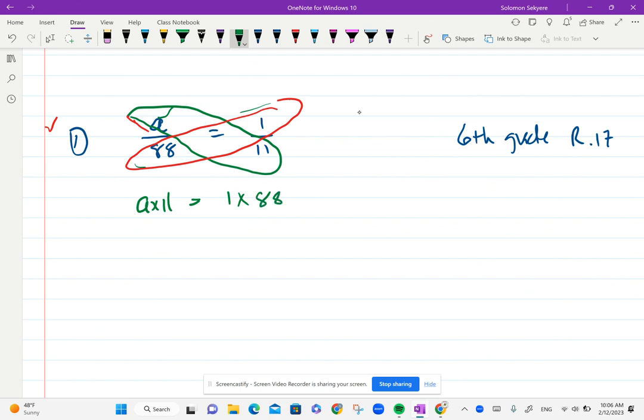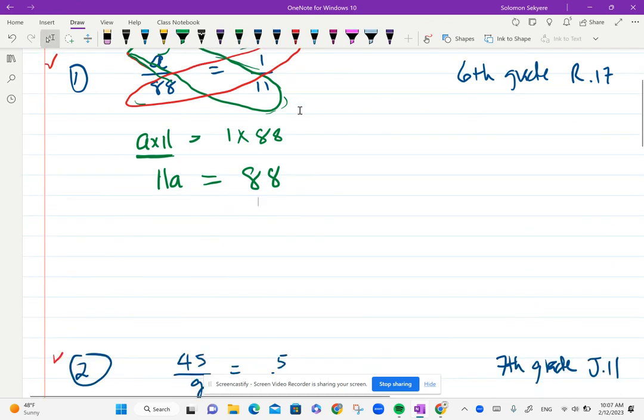I write the part that contains my letter first, and I put it on the left side. A times 11 in algebra is written 11a. You don't write A11, you write 11a is equal to 88. That's the first step.